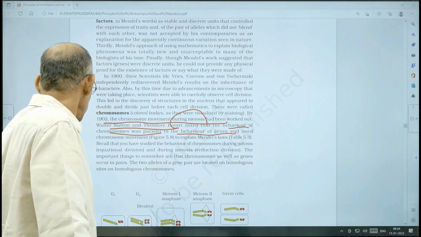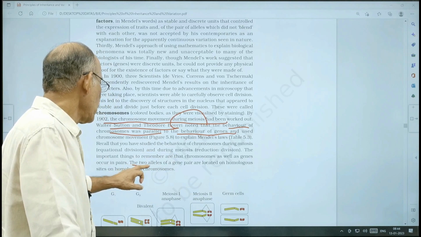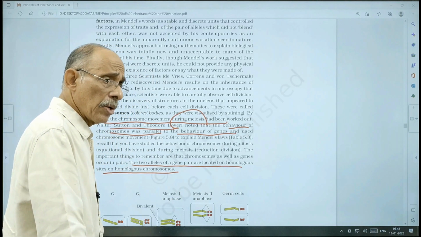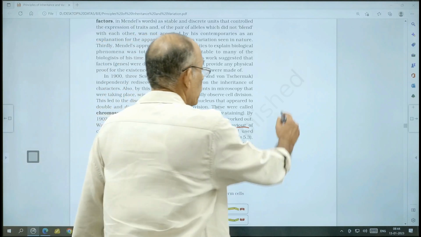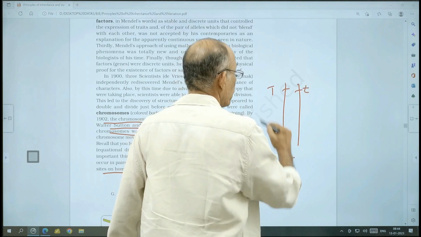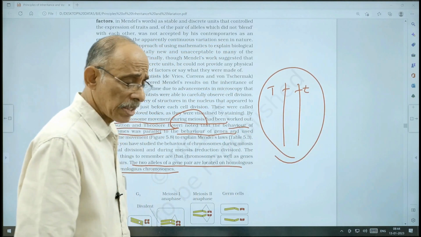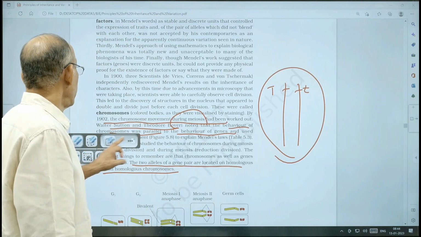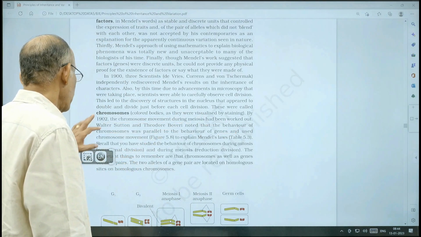The most important point is that the two alleles of a gene pair are located on homologous chromosomes at homologous sites. So that is the chromosomal theory of inheritance.